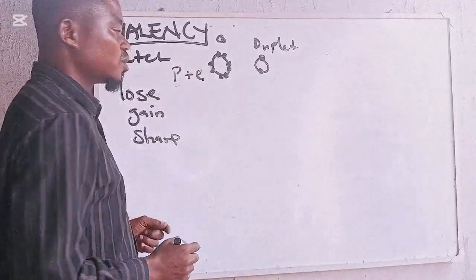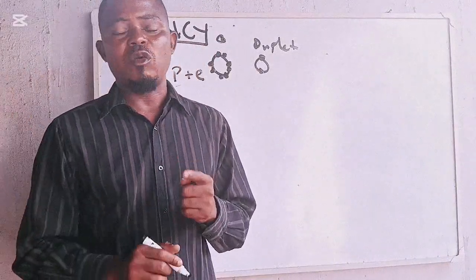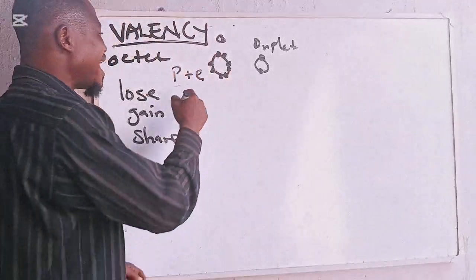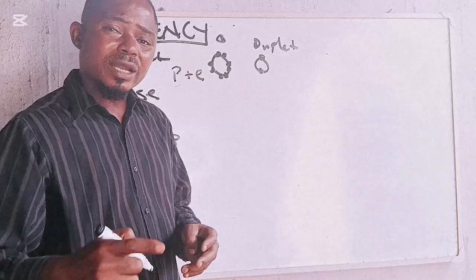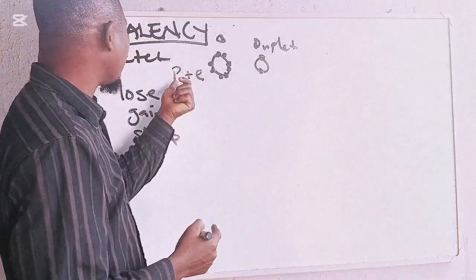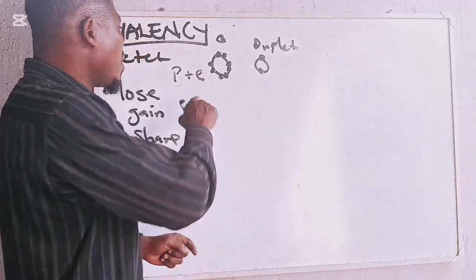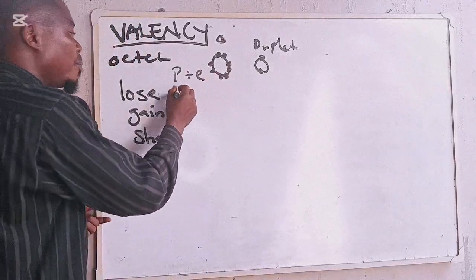When you lose electrons, remember in a neutral atom, the number of protons is always equal to the number of electrons. So if your atomic number is 1, it means you have 1 proton, 1 electron. Your atomic number is 10, you have 10 protons, 10 electrons. Now, when you lose electron in a neutral system, it means the number of protons will become more than the number of what? Electrons. And remember, your proton is positively charged and your electron is negatively charged. So when you lose an electron, the number of protons is more, so now you become positively charged.